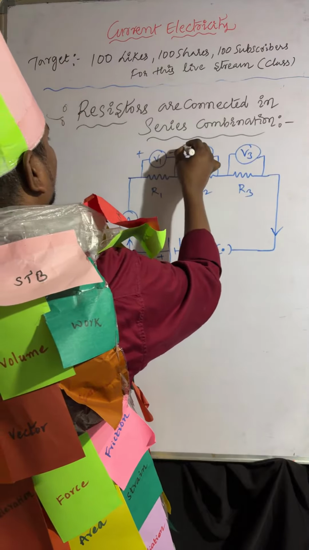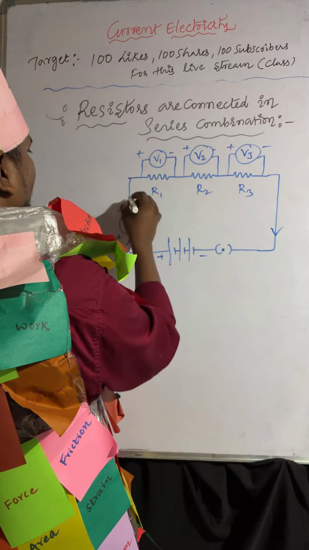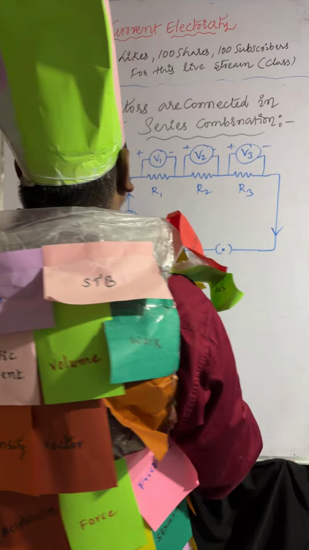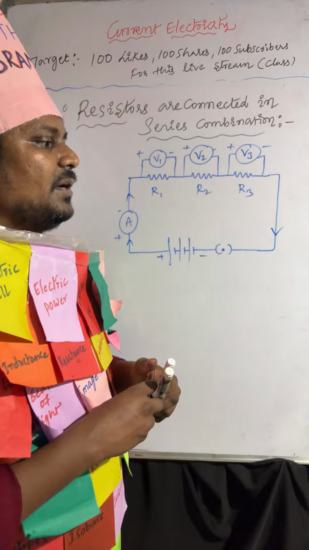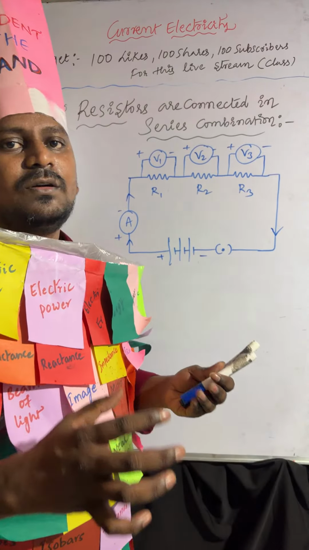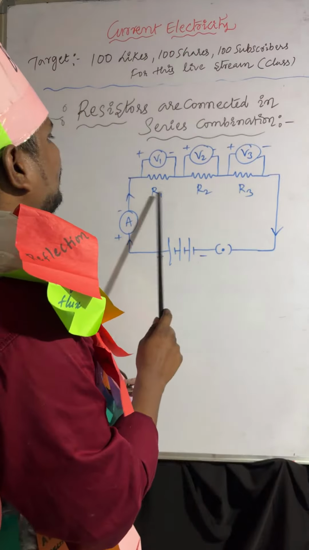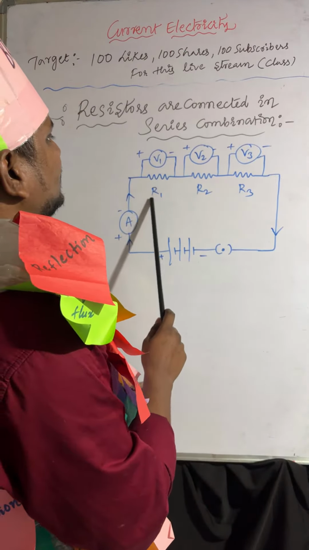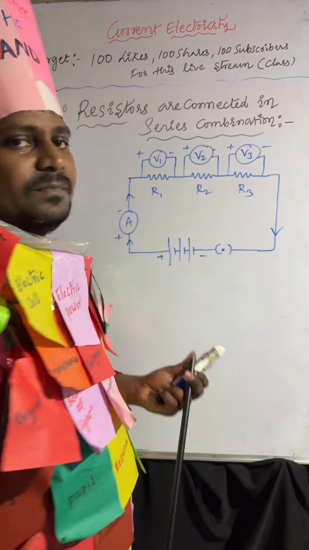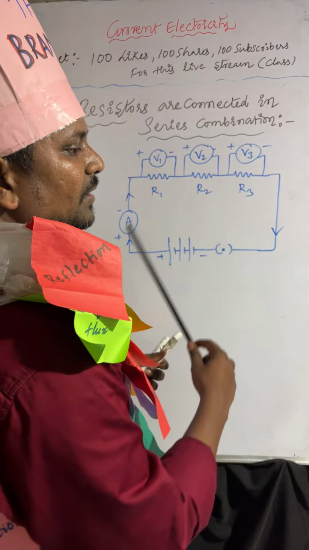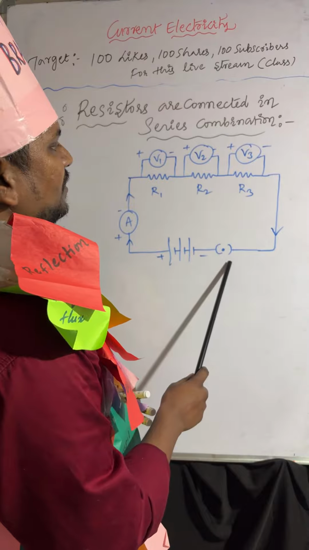So positive, negative, positive, negative, positive, negative. Current is flowing here. And here you can observe, throughout the circuit, R1, R2, R3, across R1 V1, across R2 V2, across R3 V3. So this is the battery, ammeter, switch.